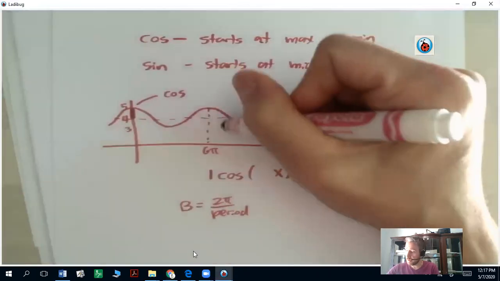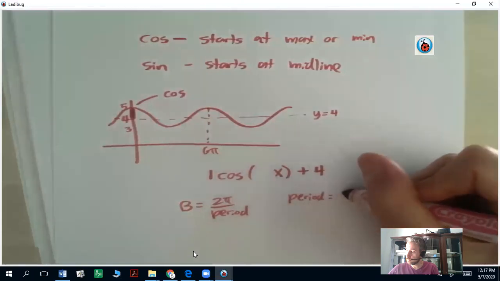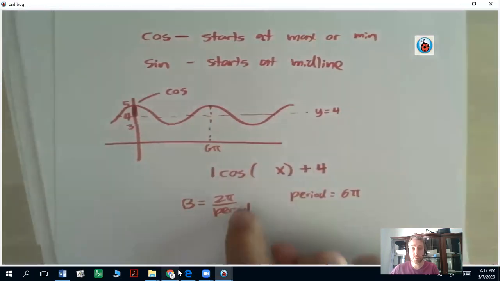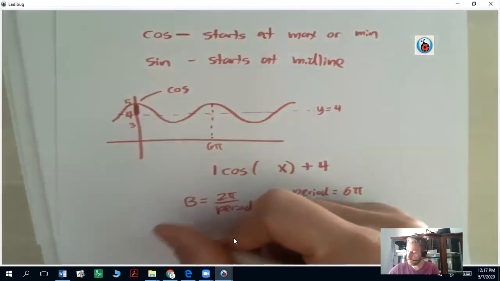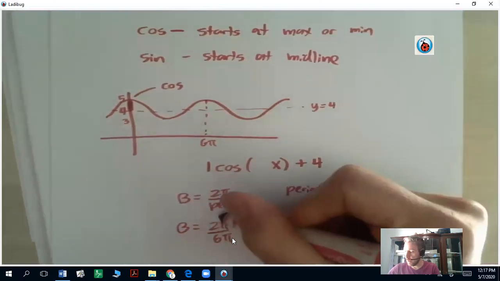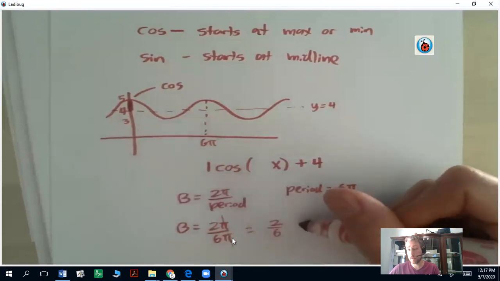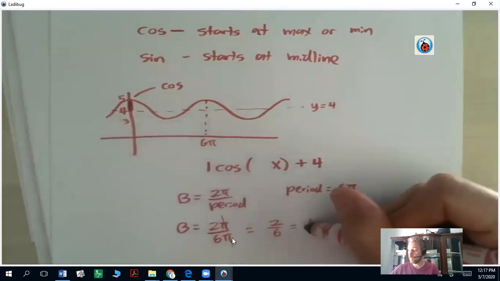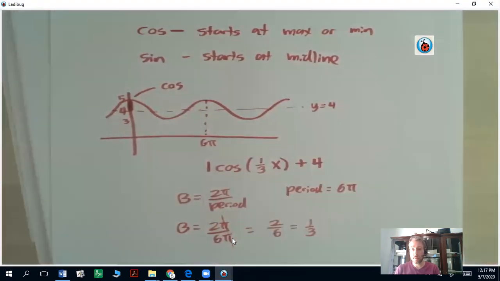So the period is 6 pi. And we want to do 2 pi divided by 6 pi. Well, in this case, you have 2 pi's that can cancel out. So 2 divided by 6 can reduce, and that reduces to 1 out of 3. So it should be 1/3 in there.